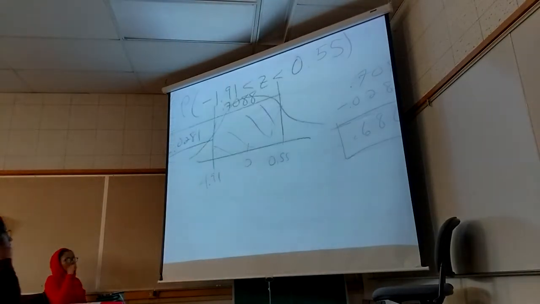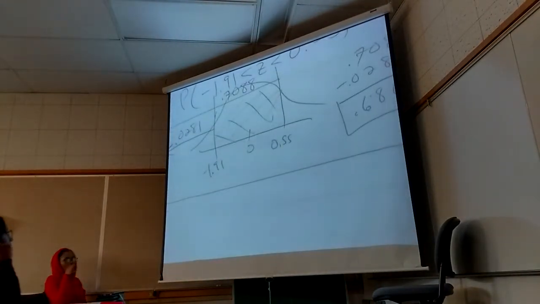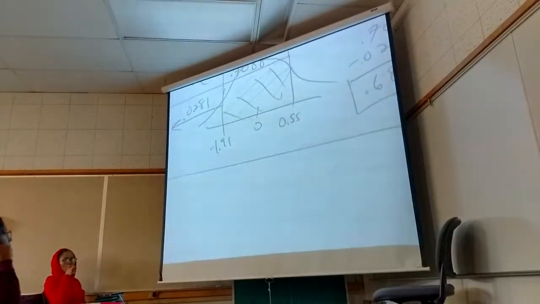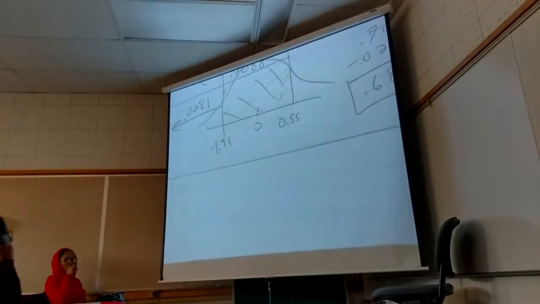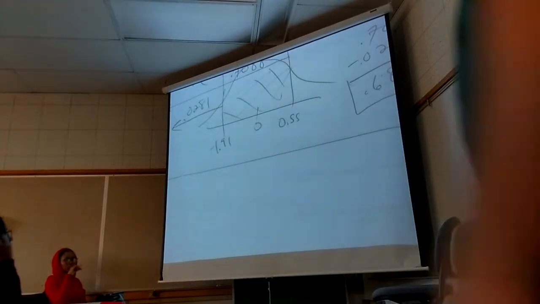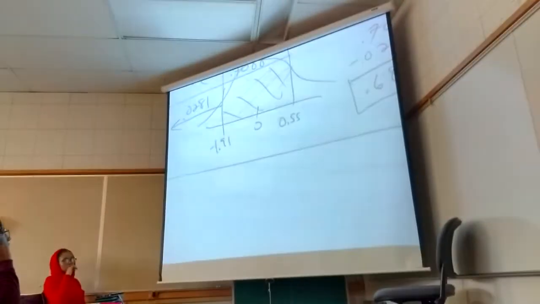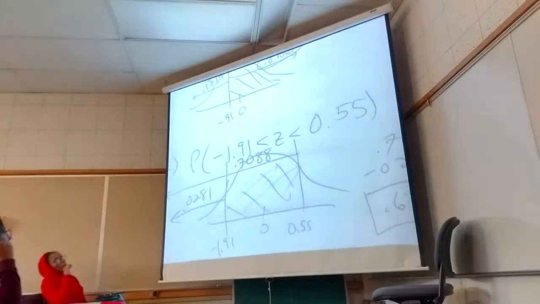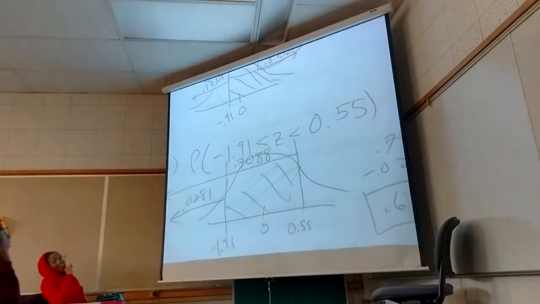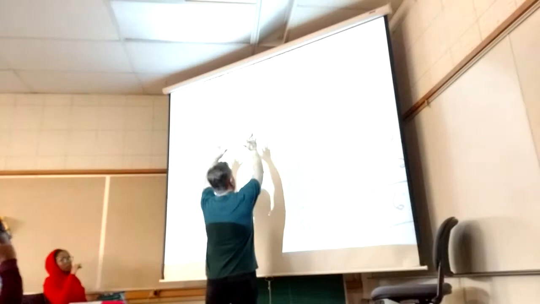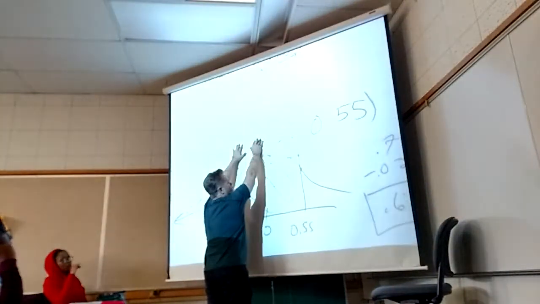Last question before I set you on this handout. For that problem, it was less than negative 1.91 and less than 0.55? No. That's impossible, right? Or not impossible, but look, read that: Z is less than 0.55.